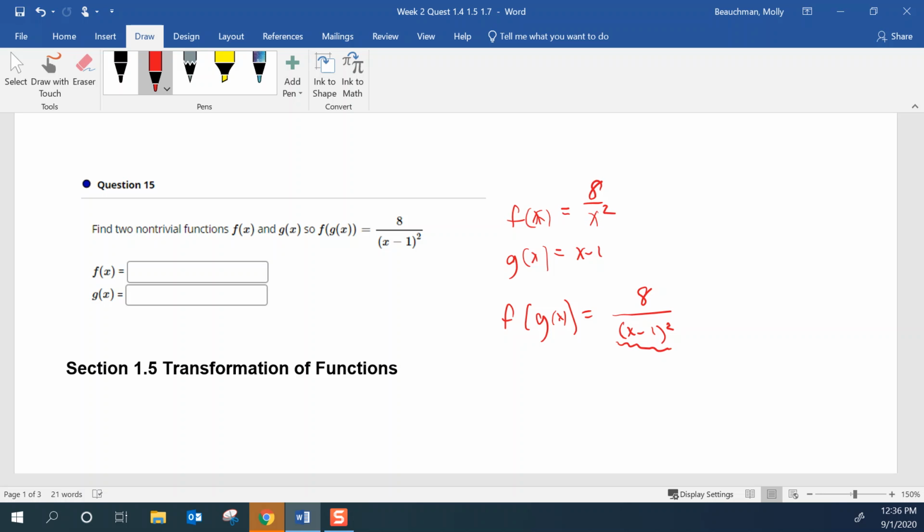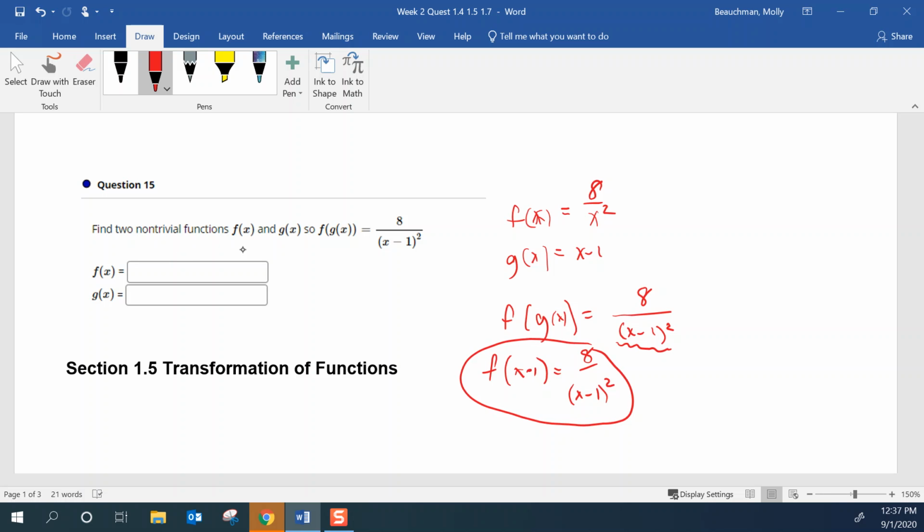That's one way to do it. So you notice when you take f of g of x, when you're going to substitute the g of x function, what will happen is you get 8 over x minus 1 squared. Now that's not the only combination of functions that'll work, but that's one that'll work.